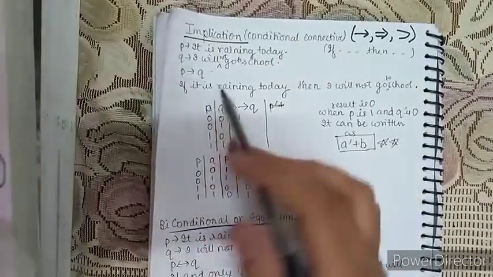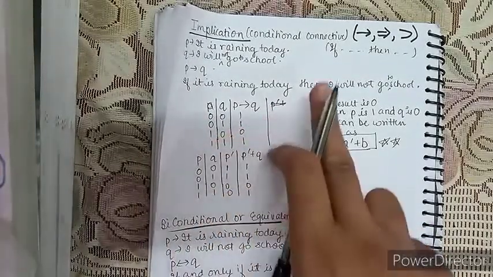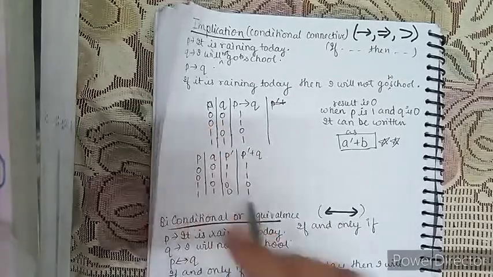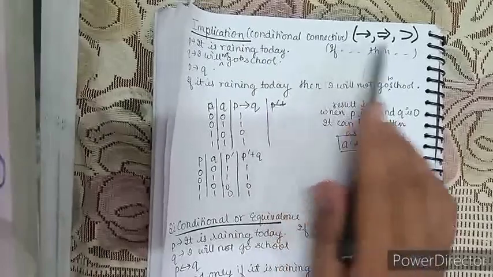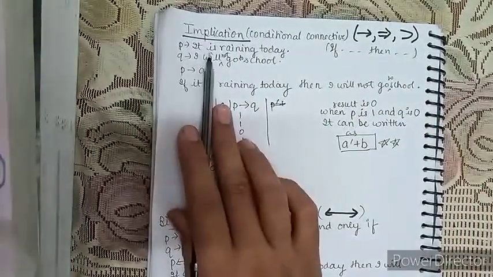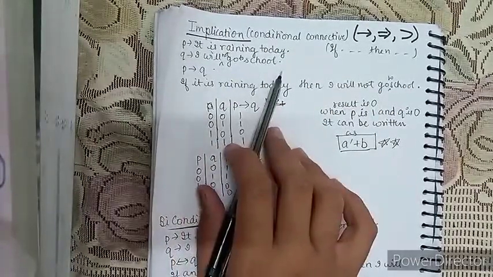Coming to implication. Implication and biconditional or equivalence are two important topics from which questions can be asked in ISC exams. Implication is also known as the conditional connective, and we use this symbol for it. For example, P: it is raining today, and Q: I will not go to school.